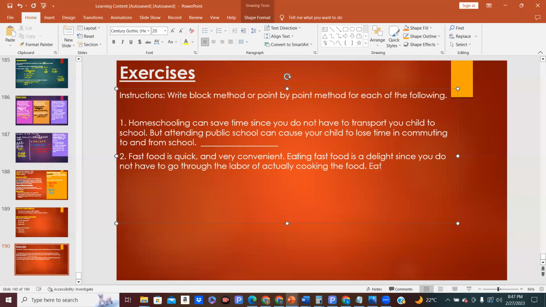Eating fast food actually saves a lot of time. This is because you do not have to do the cooking yourself. Others can do it.